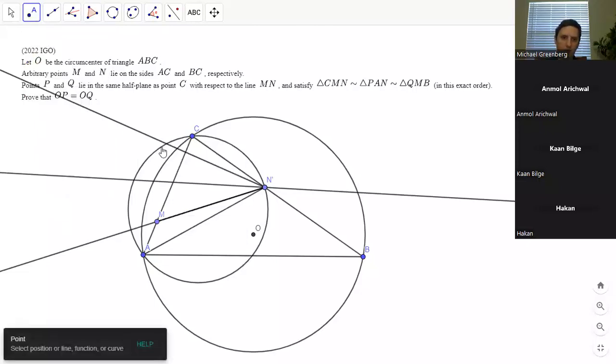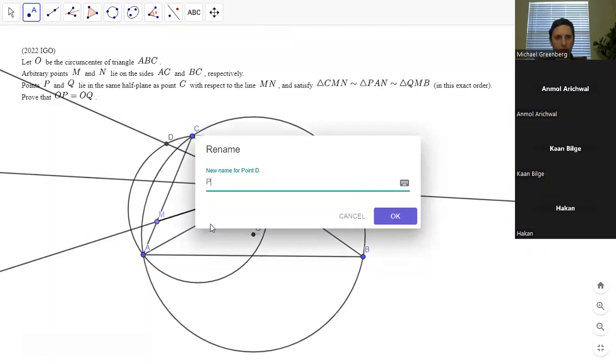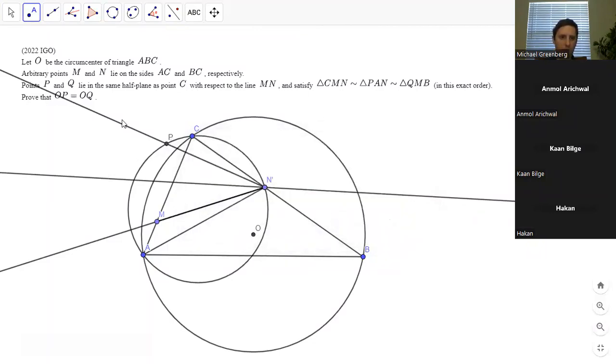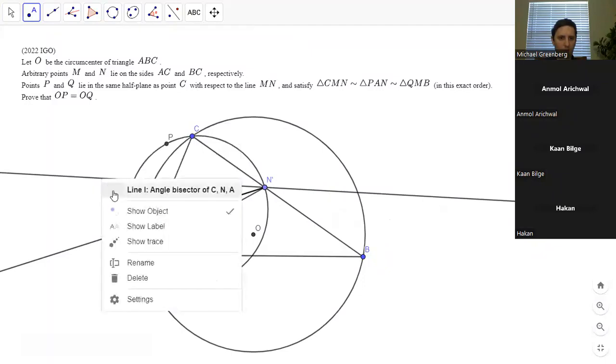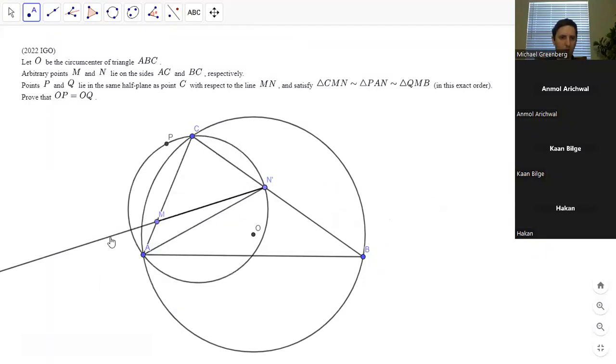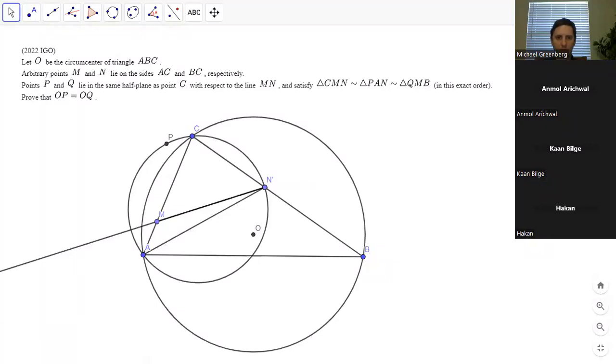And I think this is point P. Let's see. Yeah.